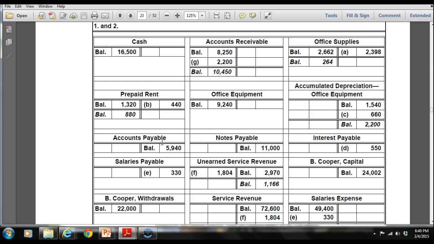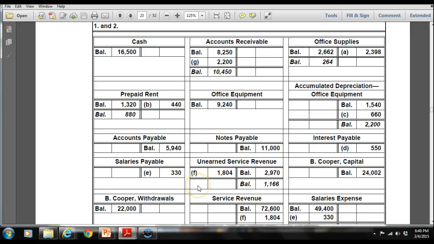Then you're going to have another credit liability account, notes payable, that has a balance of $11,000. Next, you'll have another liability account called interest payable, but it doesn't have any balance, so you're just going to leave that blank. The next one they tell you to make is called salaries payable. It's going to be blank.